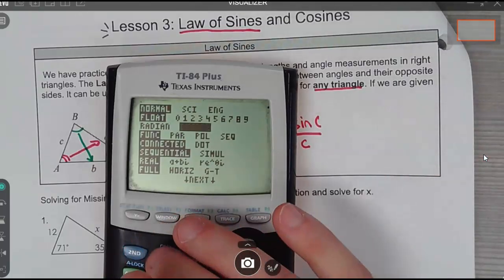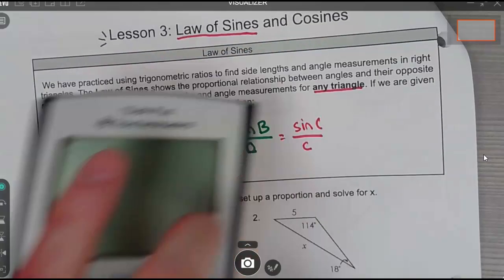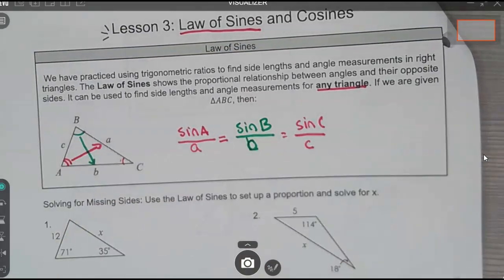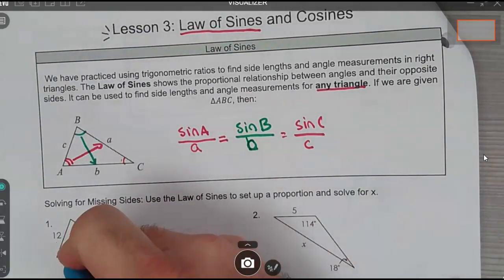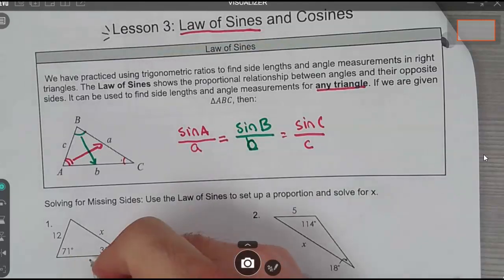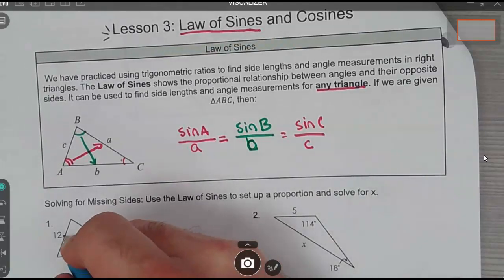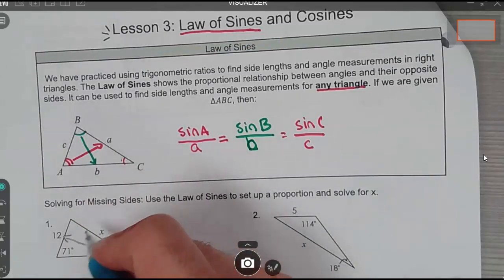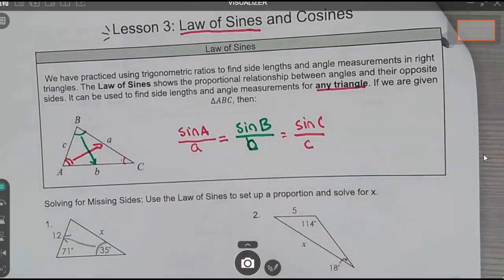Okay. So in order for me to use the law of sines, I have to have a time in which I have an angle and a side that are across from each other that I know. So if I look at this figure, I know an angle and a side that are across from each other. If I know another angle, I can find the side measure that's across from it.